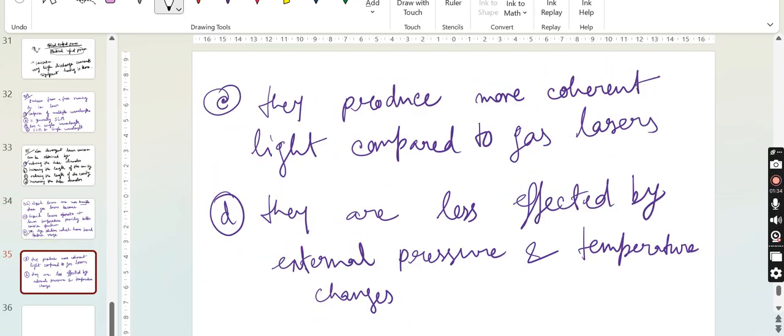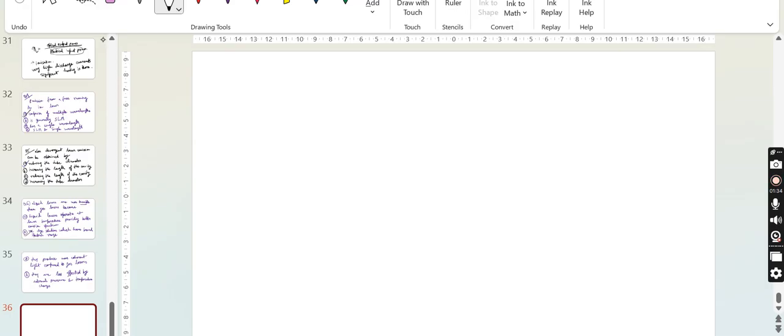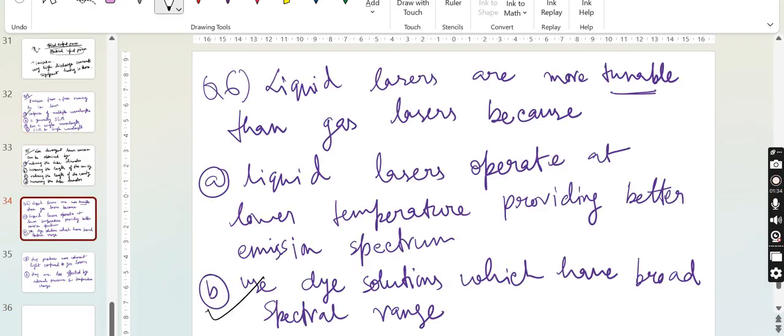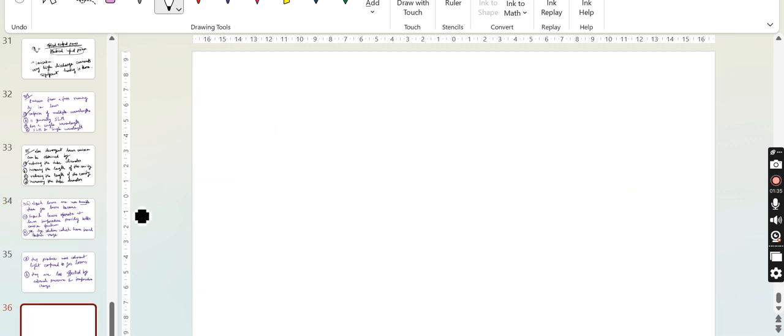Tunability comes when you have closely spaced different energy levels, so that we can have different wavelengths by adjusting the optical cavity length. Temperature and pressure have nothing to do with it. Controlling temperature and pressure may give better tunability, but to have tunability, we need to have a broad spectral range first.